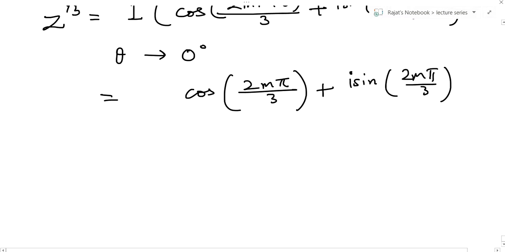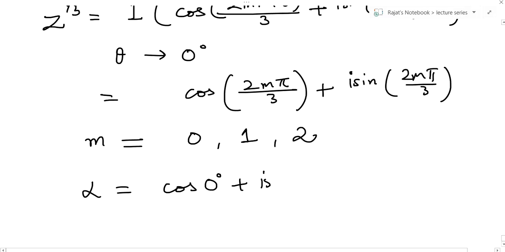Now let us take different values of m. Since we know that there will be 3 roots, we'll take 3 values: m is equal to 0, m is 1, m is 2. For m equal to 0, it's essentially the same thing that we started with, cos 0 plus i sin 0.